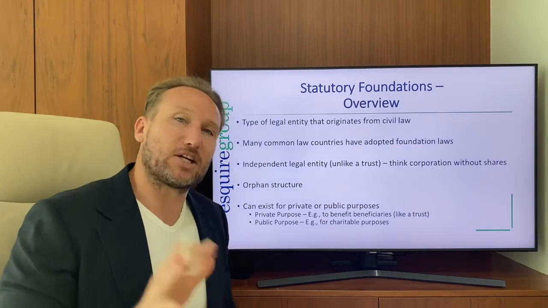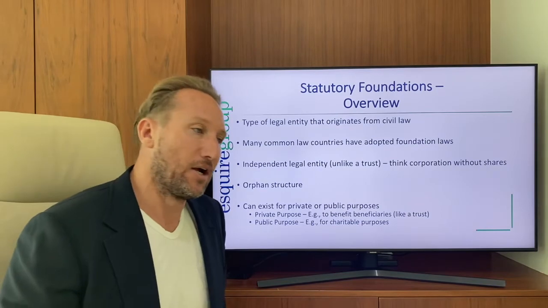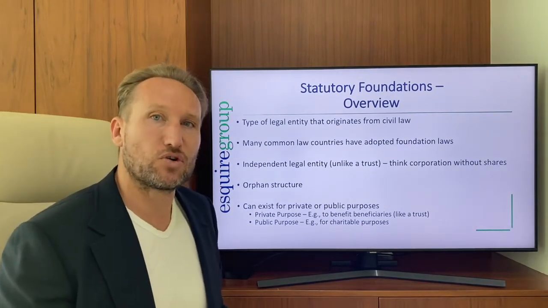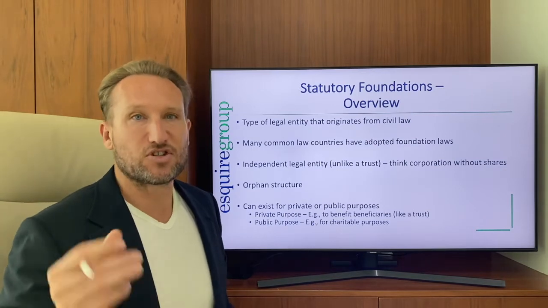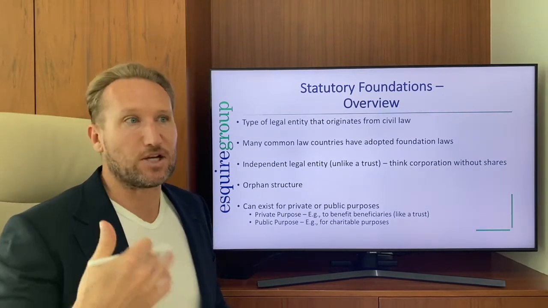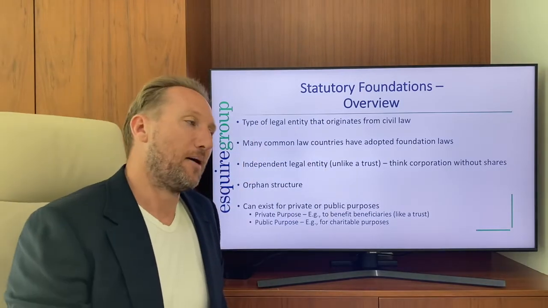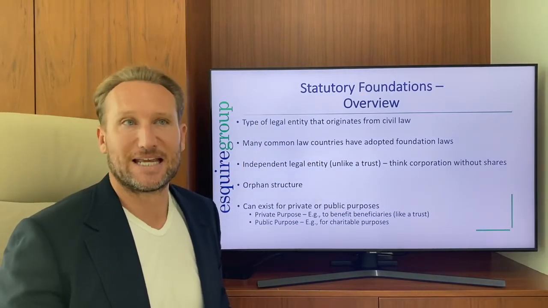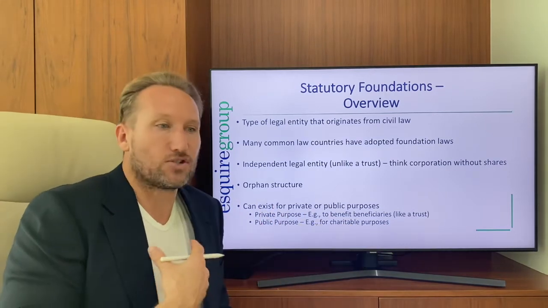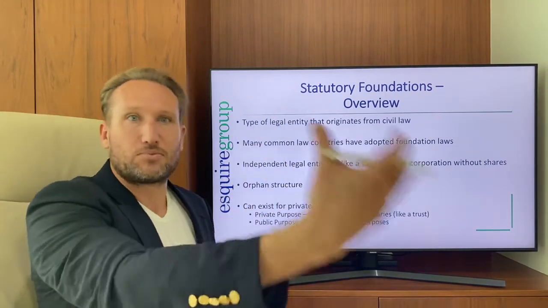And unlike a trust, and this is something where there's often a bit of confusion with trusts, people think that trusts are entities because you talk about them like entities, right? You put something in a trust. But a trust is actually not an entity. It's a contract between the settlor and the trustee. The settlor is the one who's going to be transferring the assets.